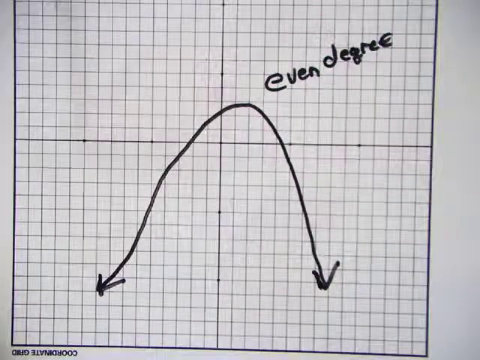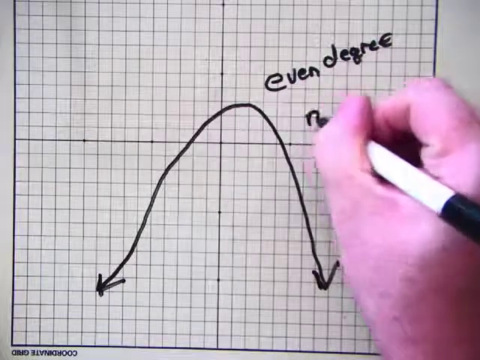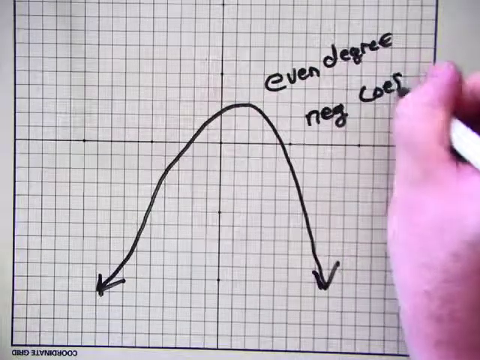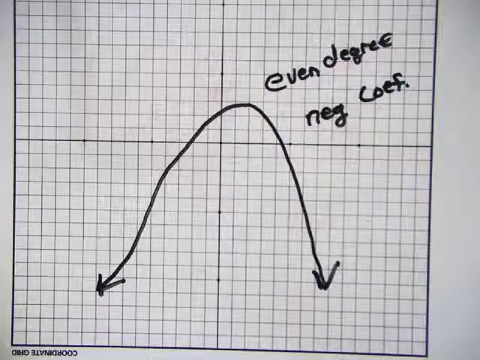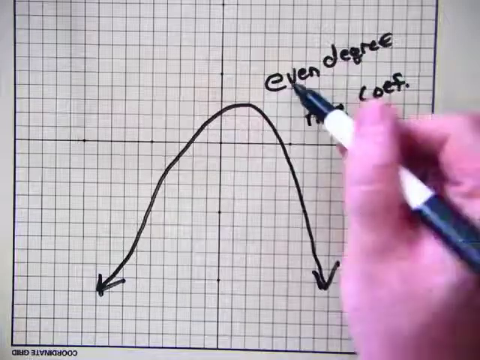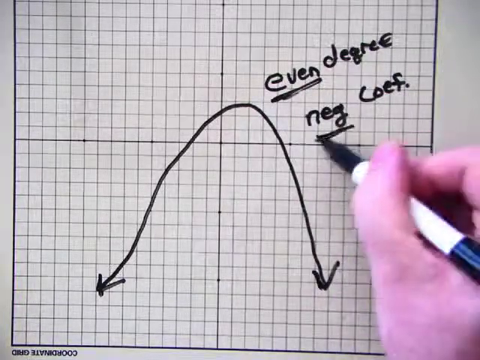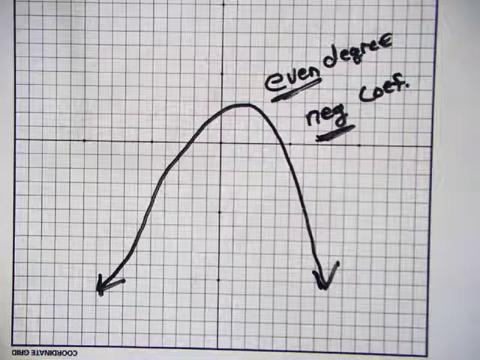Okay, and it has to be a negative coefficient. It has to be a negative coefficient and an even degree. So that means the first exponent has to be an even number. And whatever coefficient that exponent has to have, it has to be a negative number.